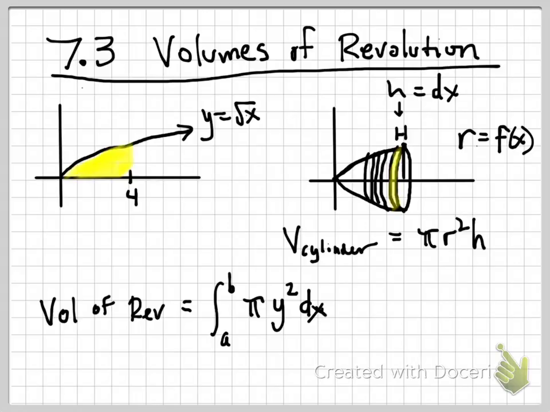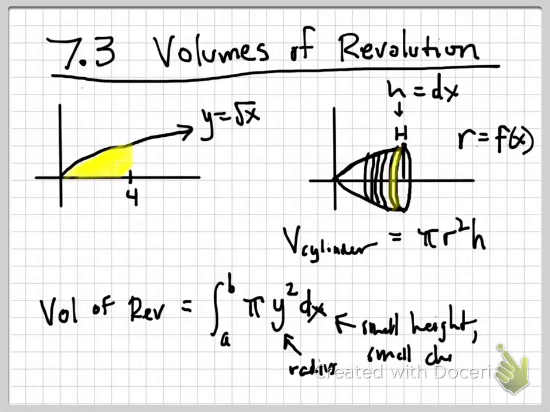Remember that y is the radius. That's our distance from the axis up to the function, and then dx is our small height or small change in x.